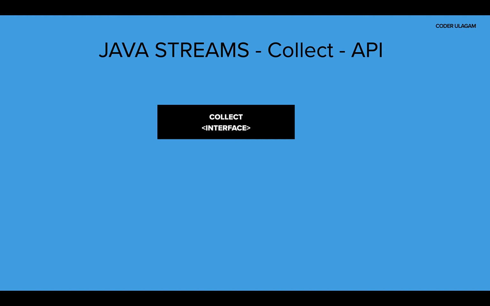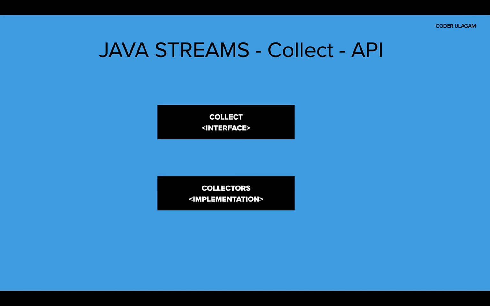By default, Java streams provide an implementation called Collectors. Collectors has a bunch of implementations for converting a list of objects to a string, a list, or a set. We'll see some examples at the end of the video. For now, you can imagine Collectors as a set of default implementations provided by Java streams.